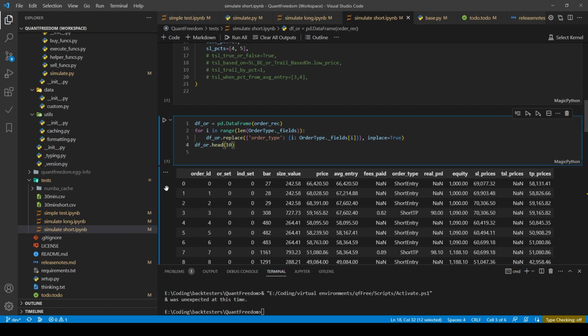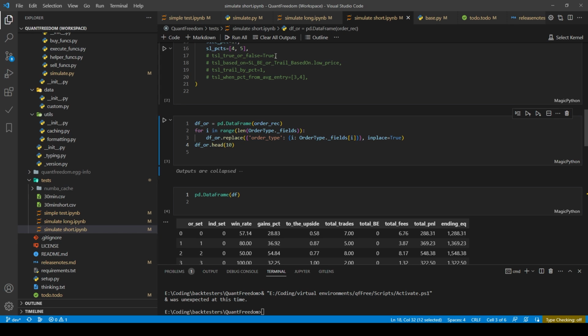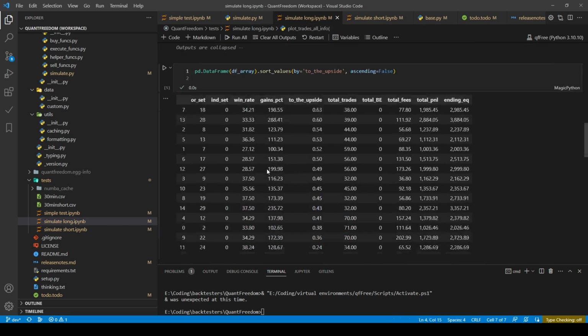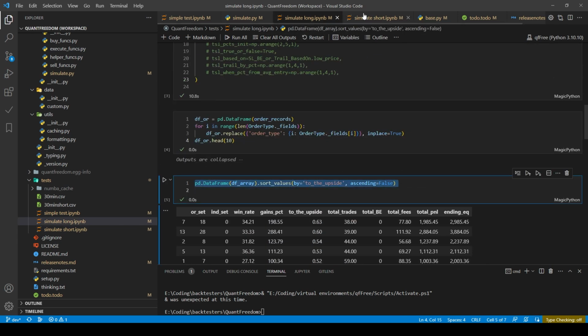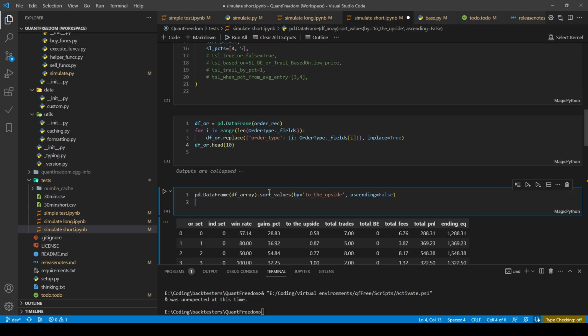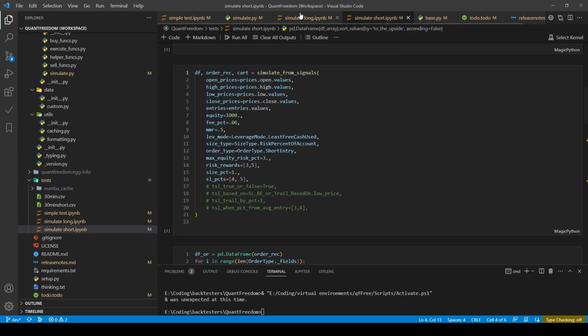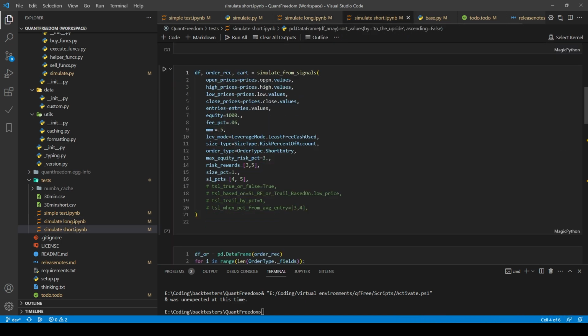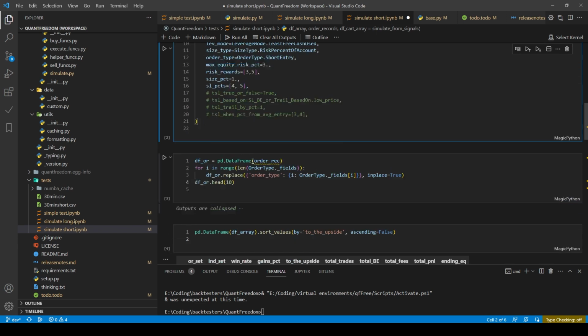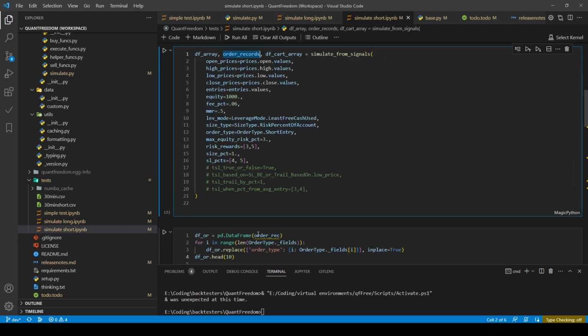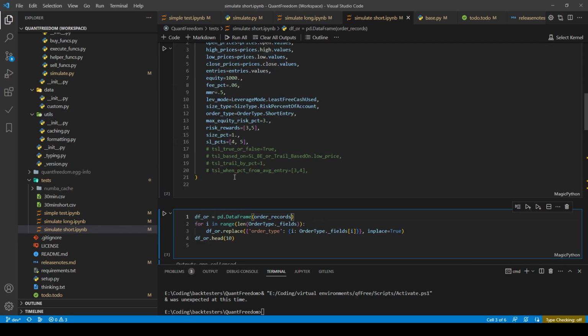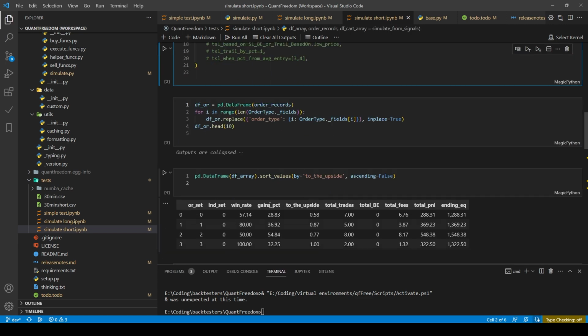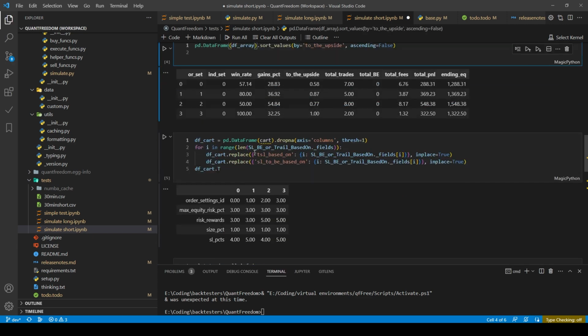All right. Let's see here. Let's collapse that. Let's go ahead and hit this right here. See what it goes. Let's call this df array.